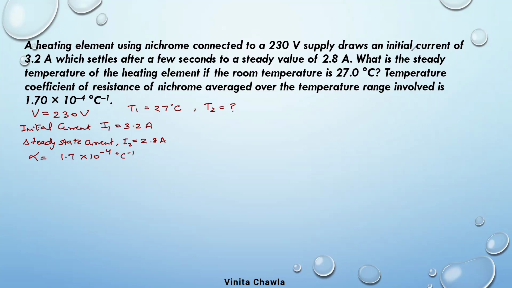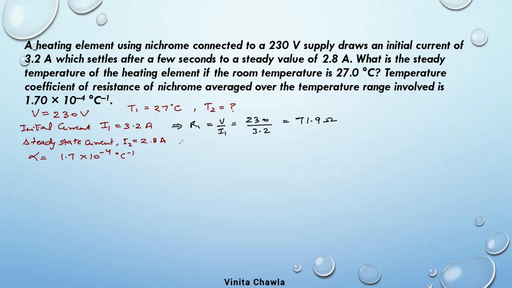First find R1 and R2. How will you find R1? V by I1. Now put the values: V is 230 and I1 is 3.2. What value are you getting? It's 71.9 ohm.